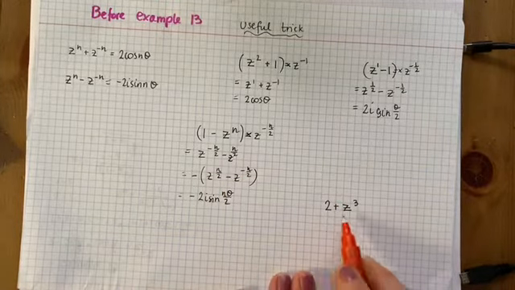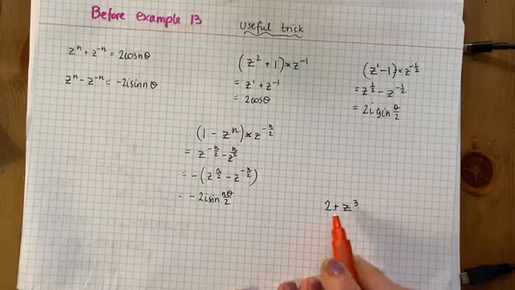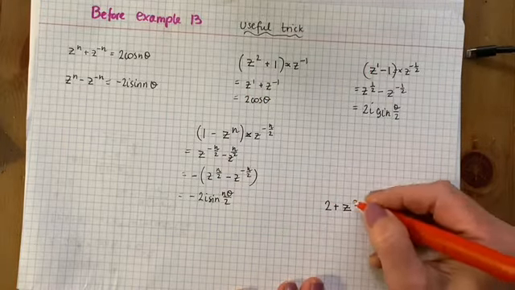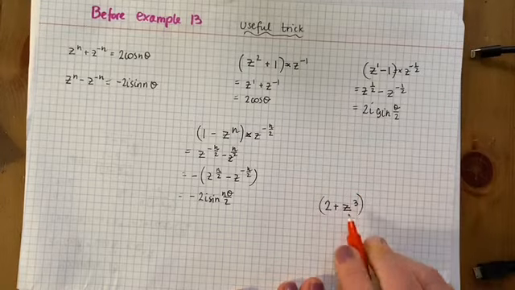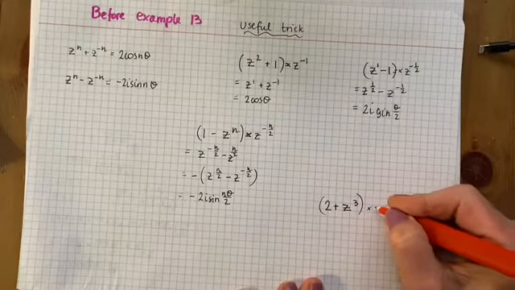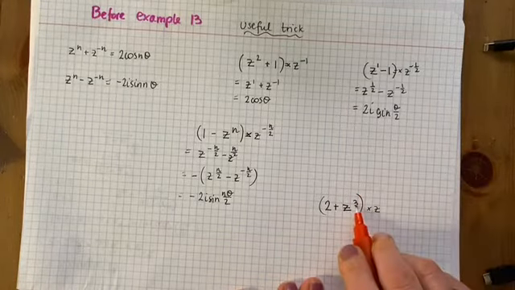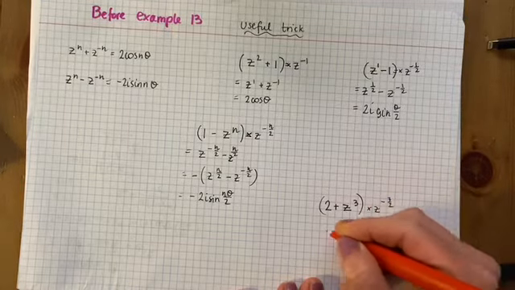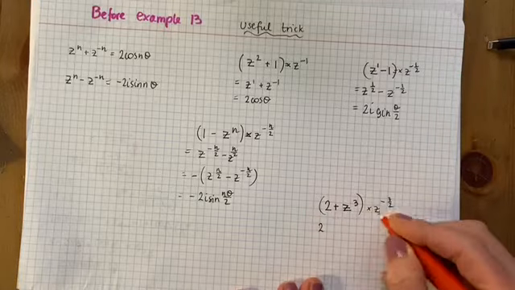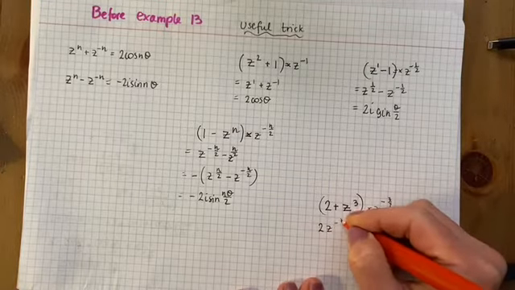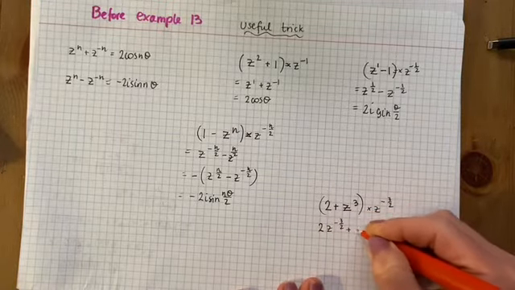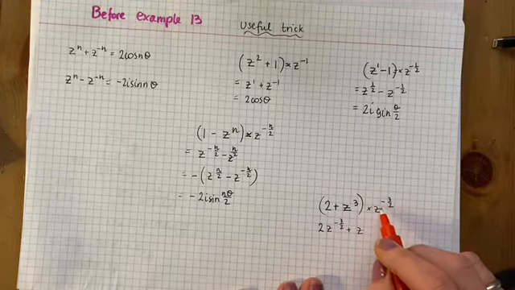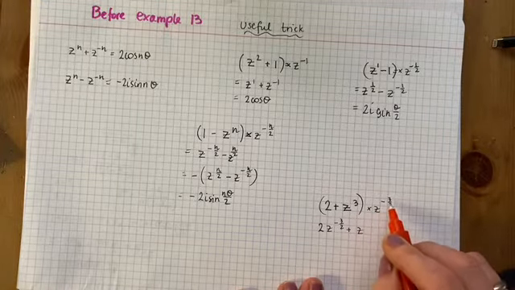Now over here, you need to really be careful. These three work. This one, if you try to do the same trick, so you try to multiply it by z to the power of, let's choose half of that, 3 over 2, minus 3 over 2, you get 2 times z to the power of minus 3 over 2, add z to the power of 3 times z to the power of minus 3 over 2.